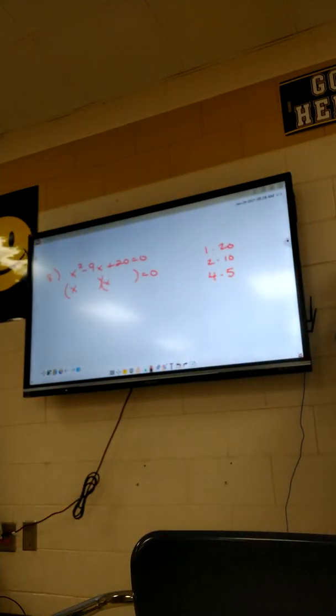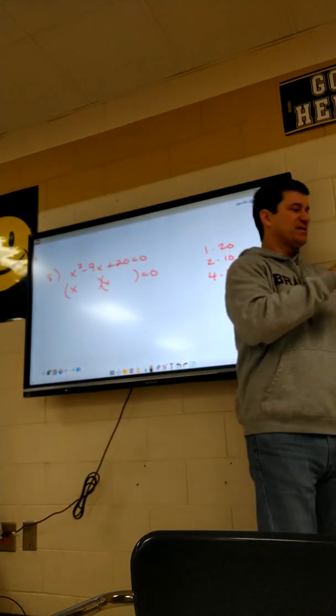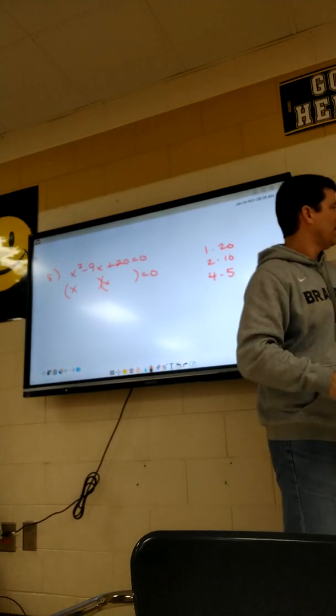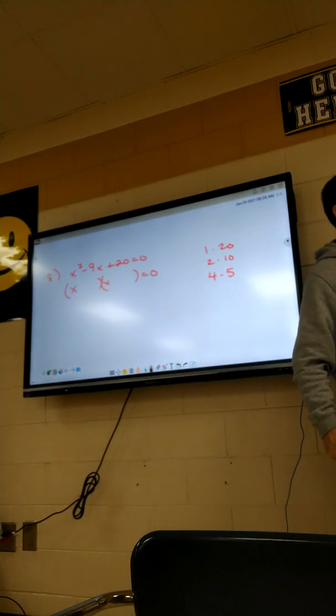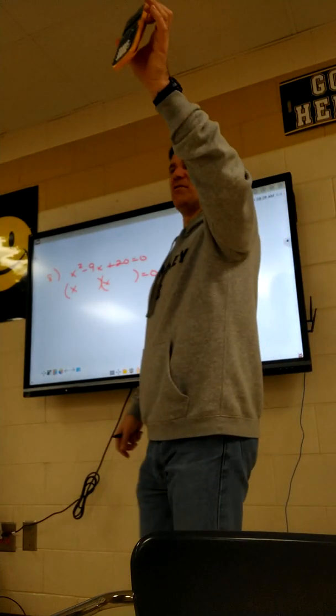Everybody hit your button and clear anything that's there. Hit table. Now type in the last number, which is 20. Everybody type in 20 divided by x. The X button is right here. Then if y'all hit enter 1, 2, 3, 4, 5 times, it brings it up for you.